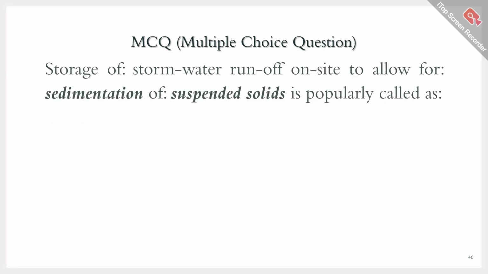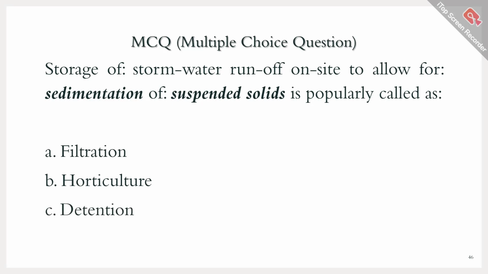Our next MCQ is storage of stormwater runoff on site to allow for sedimentation of suspended solids is popularly called as option A, filtration, option B, horticulture, option C is retention, and option D is retention.